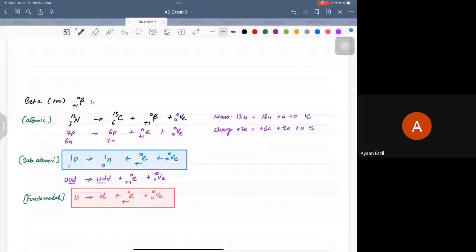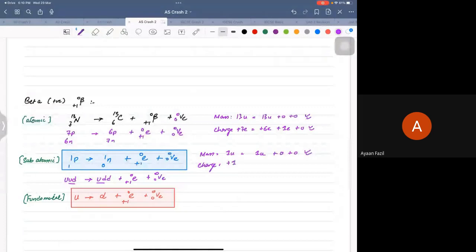So it is 7 and 7, charge is conserved as well. For the second one, proton has a mass of 1 U equals 1 U plus 0 plus 0, conserved. For the charge, it's going to be plus 1E equals 0 plus 1E plus 0. So 1E and 1E is correct.